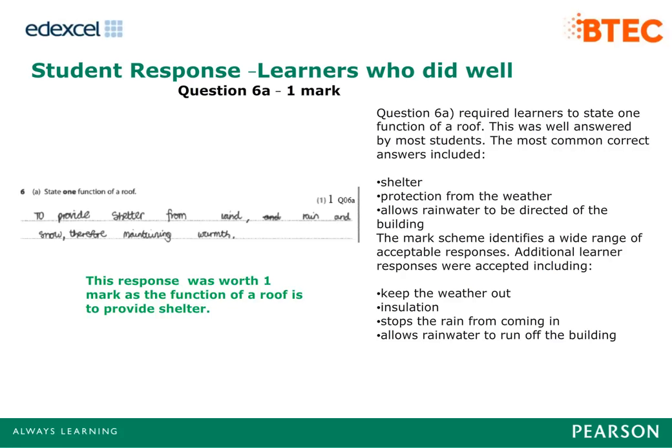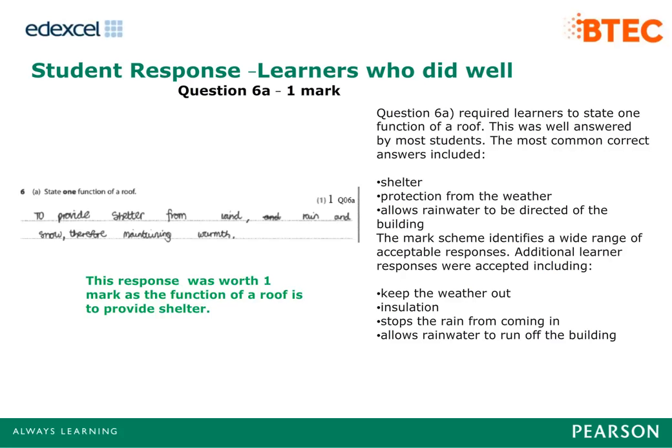Question 6a required learners to state one function of a roof. This was well answered by most students. The most common correct answers included shelter, protection from the weather, allows rainwater to be directed off the building. The mark scheme identifies a wide range of acceptable responses.